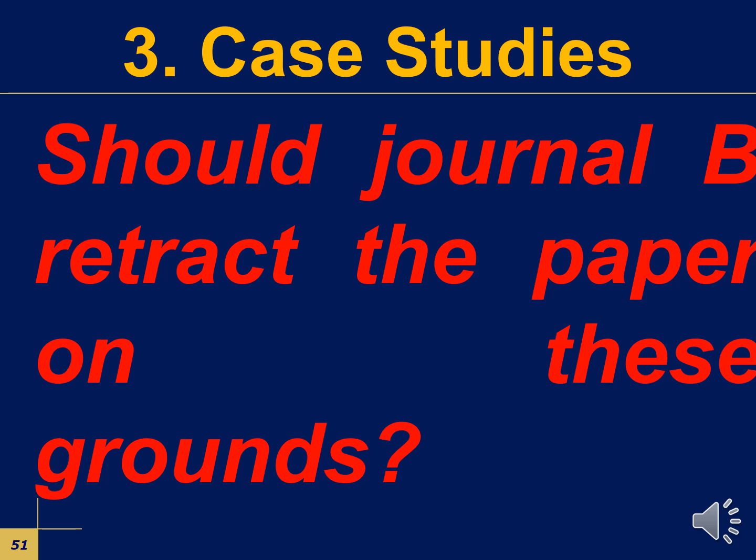I am repeating again: these guidelines do not support retraction of published articles in case of dual submission. I am talking about dual submission. But in this case, the data issues also need to be taken into account.